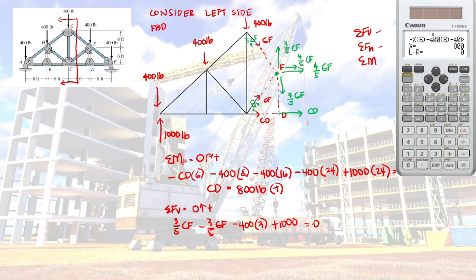So this is equal to 0. Then summation forces horizontal, 0, right positive. We will have positive 4 over 5 CF, then plus 4 over 5 GF, then we have yung CD, plus CD is equal to 0, but our CD is already solved na 800. So what would be our CF and our GF?